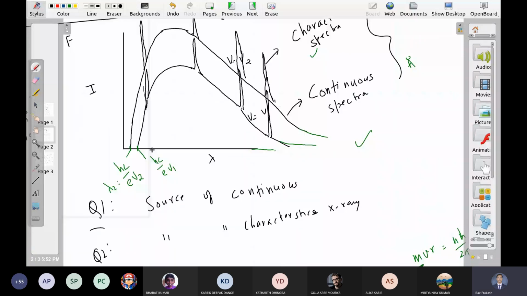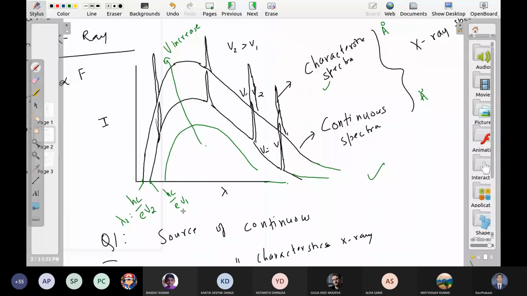In this direction, V is increasing. Okay. In other words, if you apply high potential, you will get lower wavelength. Lower wavelength means you will get high energy X-rays.